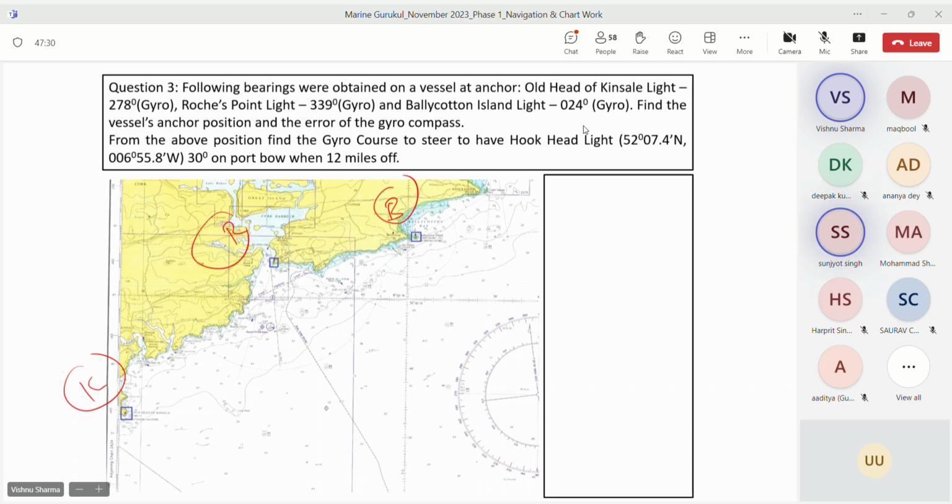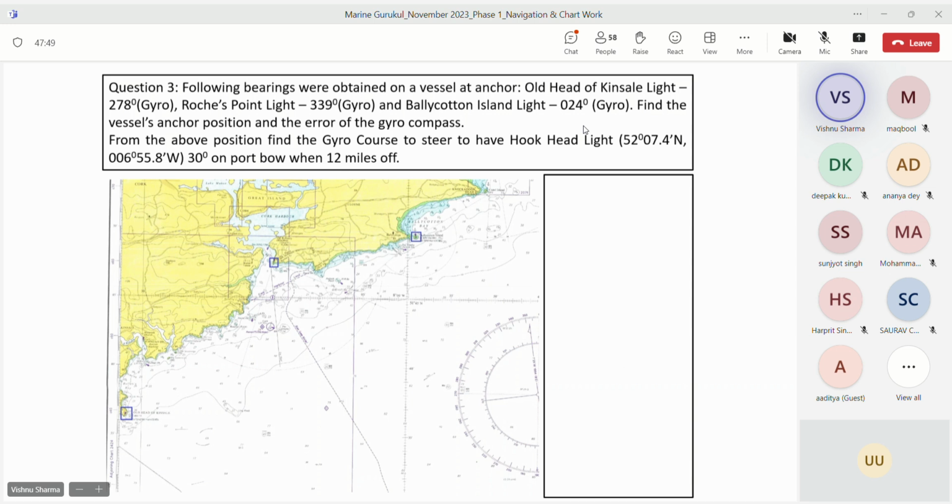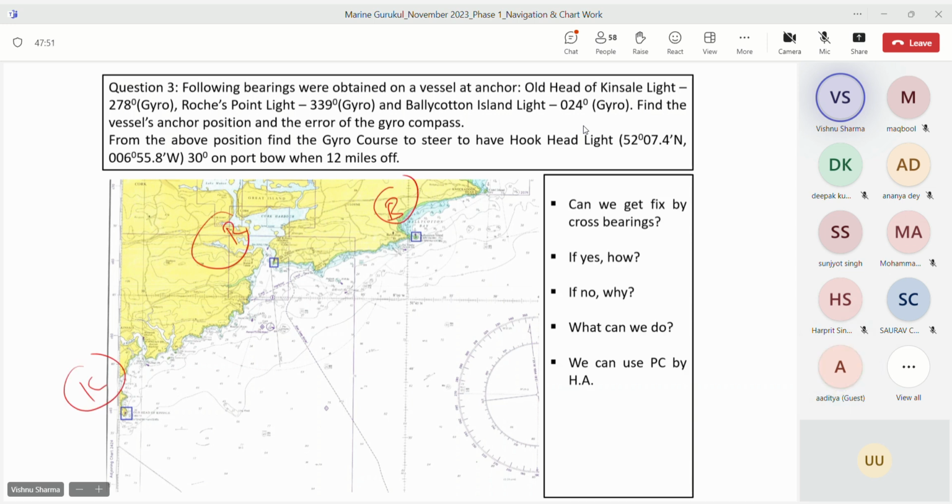Yes or no? Yes, sir. So now tell me the order. Yeah, you pair it with the middle object, right? Both the extremes outwards, right? Okay. Can we get a fix by cross bearings? Answer is no, because the error is not known. What can we do? We can use PC by horizontal angle, right?